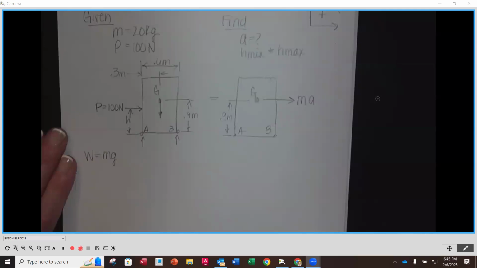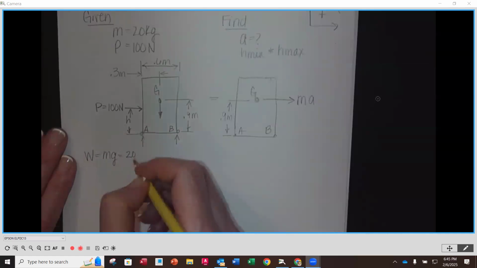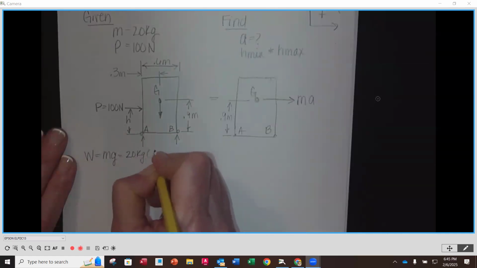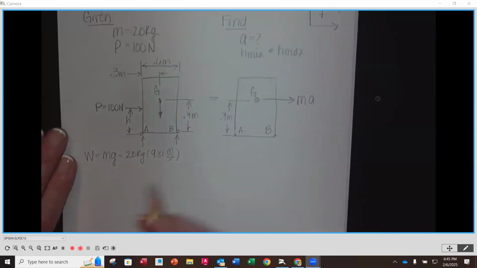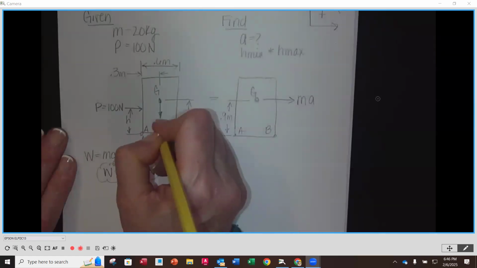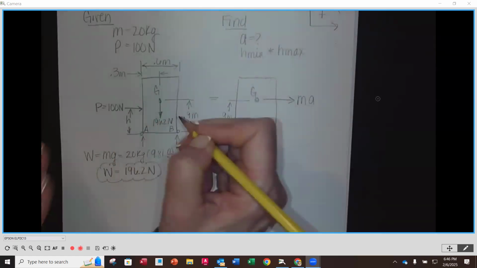And to convert it over to force, in the case of the mass of an object, we multiply it by gravity to get that value. So this is going to be 20 kilograms times 9.81 meters per second squared. A kilogram meter per second squared is going to be a newton. So our weight then is going to be 196.2 newtons.